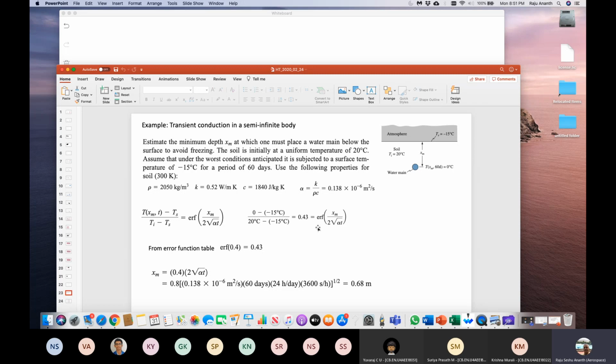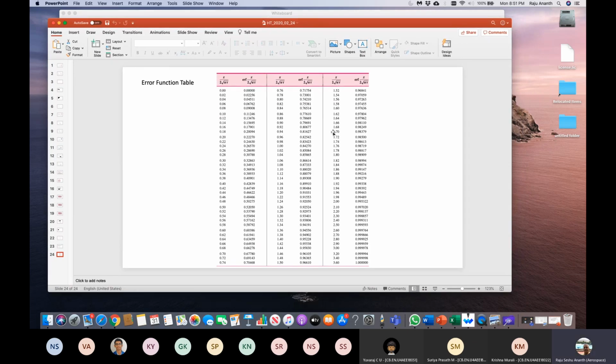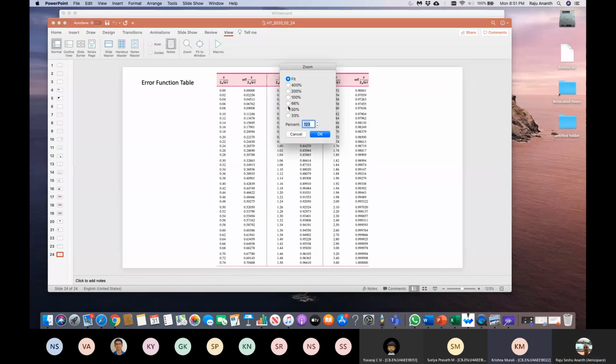I gave you an error function table here. Maybe I should make it a little bit bigger. Can you see all of it, or is it too small? I'll just increase it.